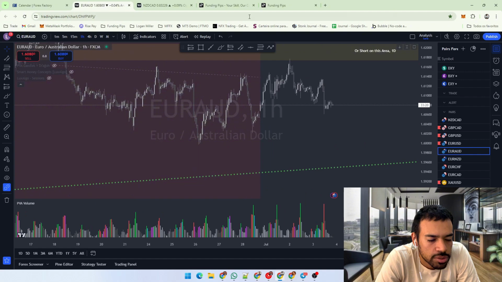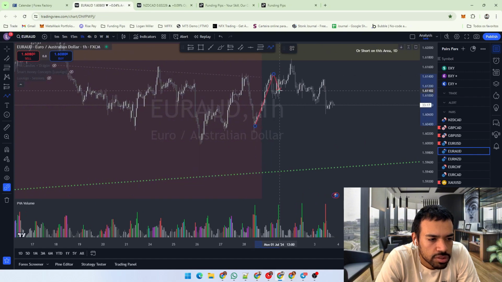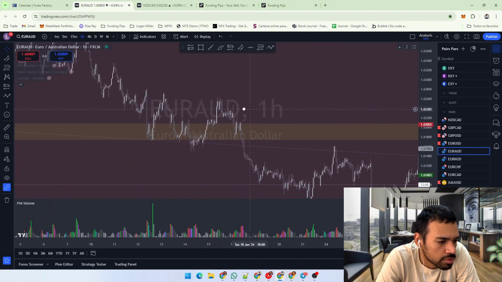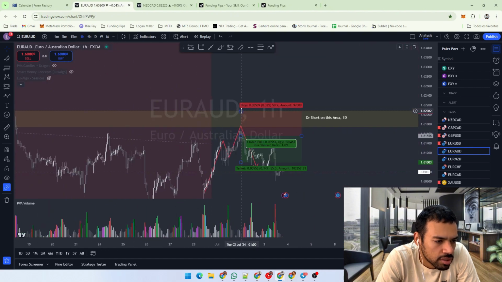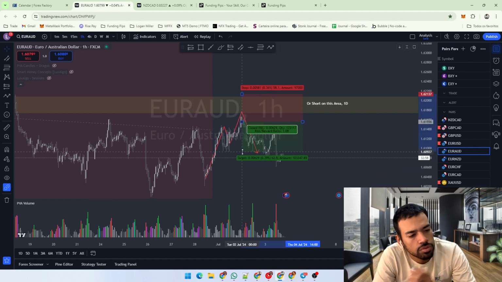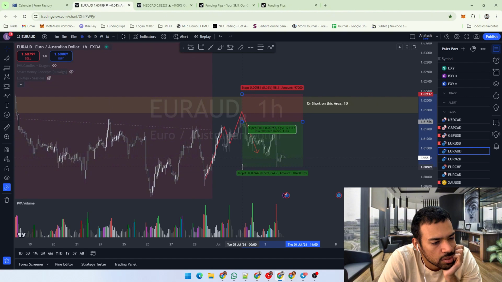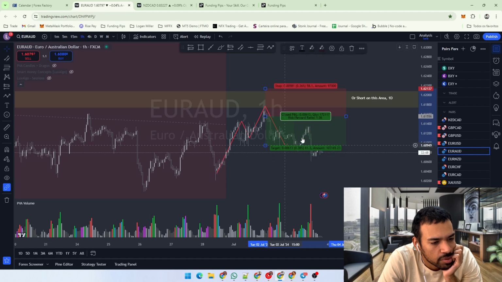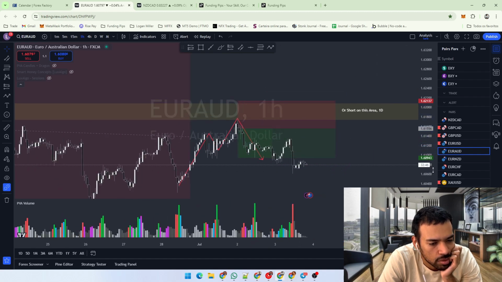But we just can open a trade in this area right here. So probably I will open this trade right here and just let me see a previous high right here. Yeah, we stop around this area and the price pay 1 to 1, 1 to 1.5. Probably I will close my trade in this area right here with 1 to 1, okay?